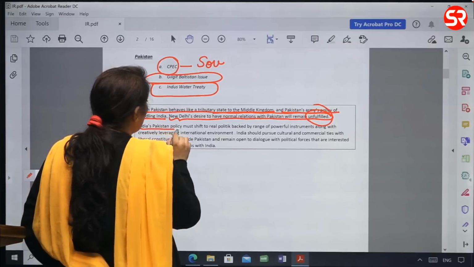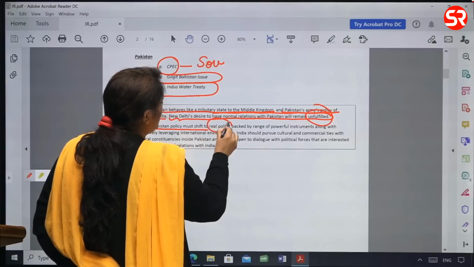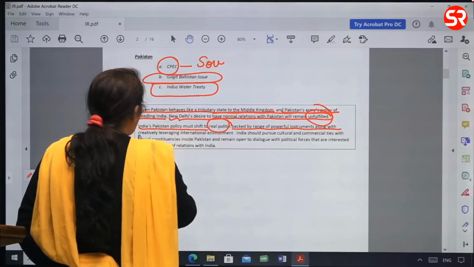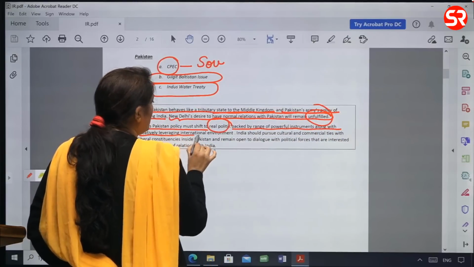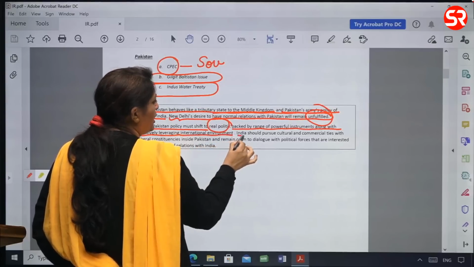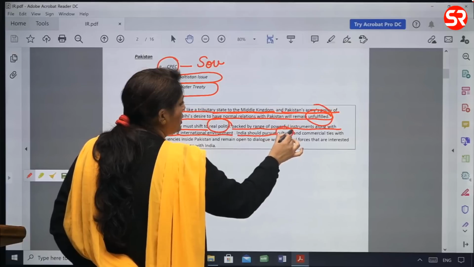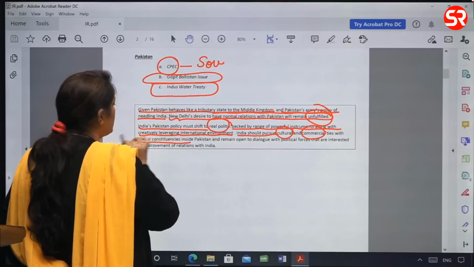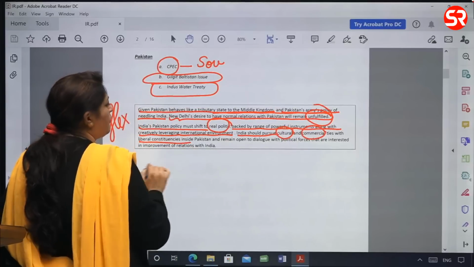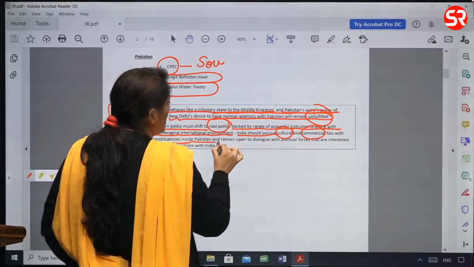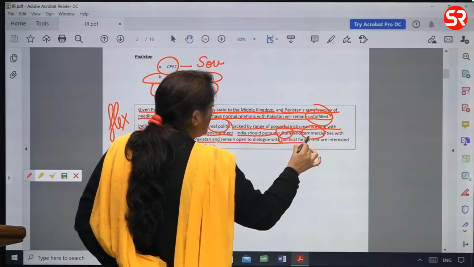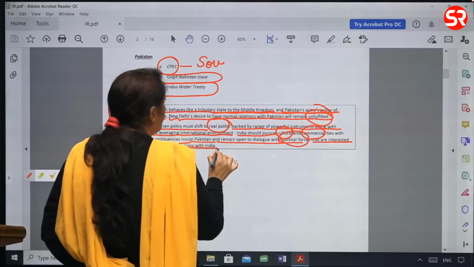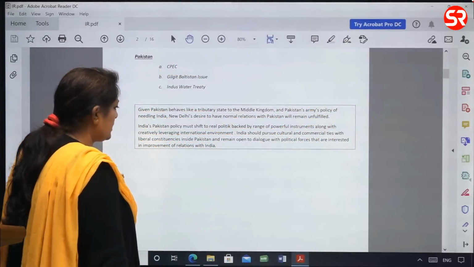India's Pakistan policy must shift to realpolitik backed by a range of powerful instruments along with creatively leveraging the international environment. India should pursue cultural and commercial ties with the liberal constituencies, so flexibility and firmness inside Pakistan, and remain open to dialogue with the political forces that are interested in improvement of relations with Pakistan.